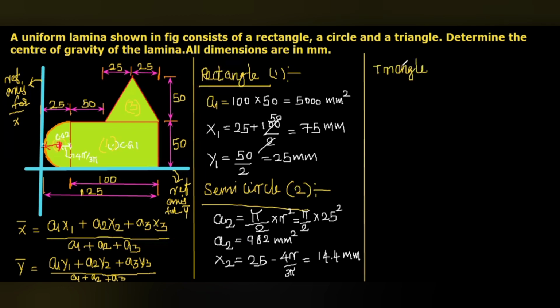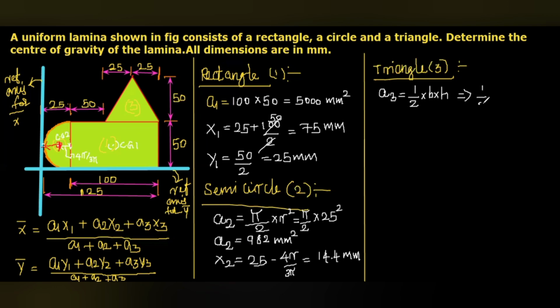Okay, that is the triangle. For the triangle, we know the area A3 is half multiplied with base times height. Here, the base is 25 plus 25, that is 50. H is also 50.